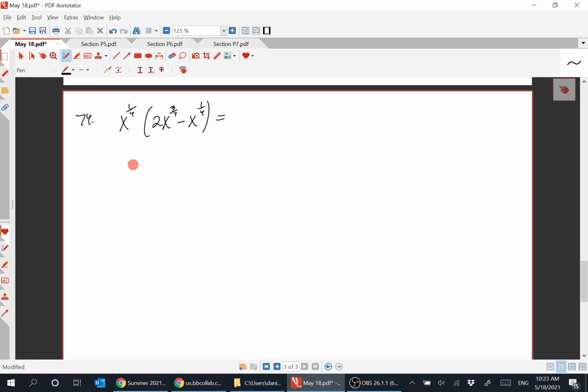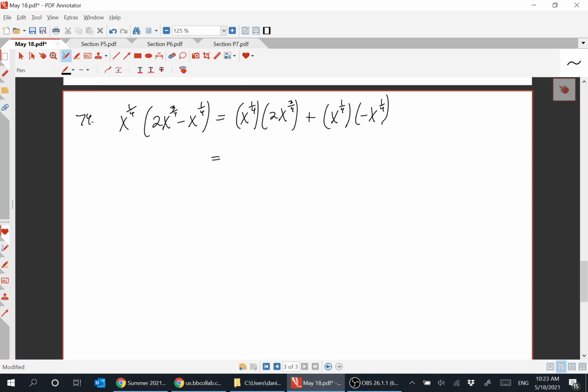Multiply the x to the 1/4 by both terms, and again here you have x to a power, x to the power.